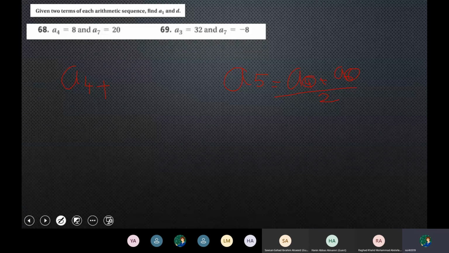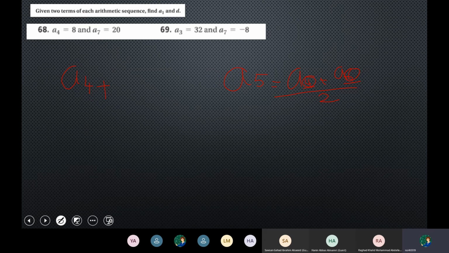But here, I have 4 and 7. For the mean, both must be even or both odd: from the mean of two even-numbered terms I get the odd one, and from two odd-numbered terms I get the even one.